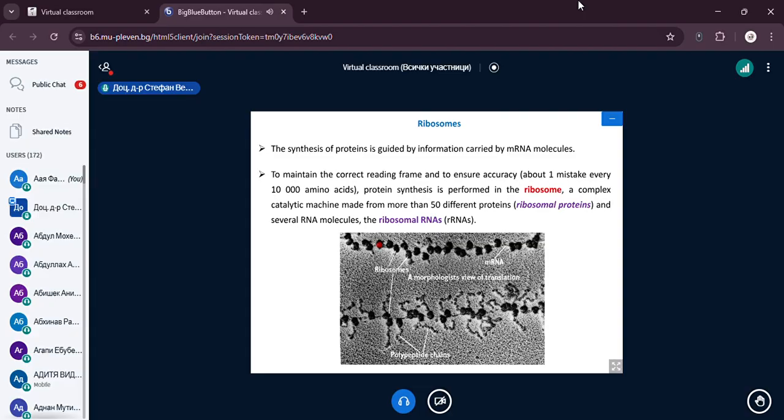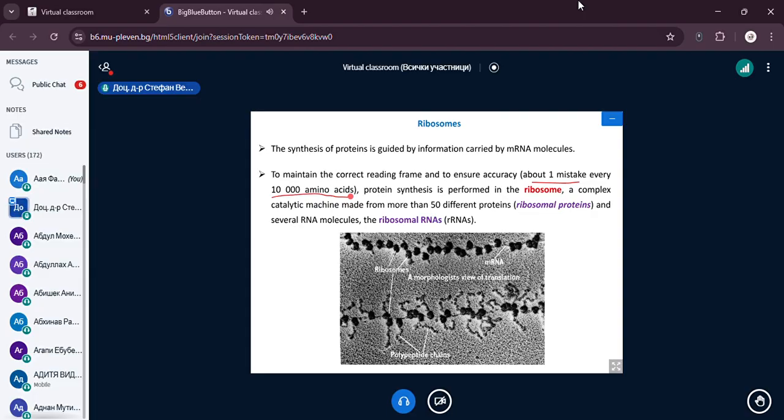And we need ribosomes for the process of translation because they ensure accuracy for this process. With the help of ribosomes, usually one mistake is made for every 10,000 added amino acids. Usually proteins are having a length from several hundreds to one or so thousand of amino acids.